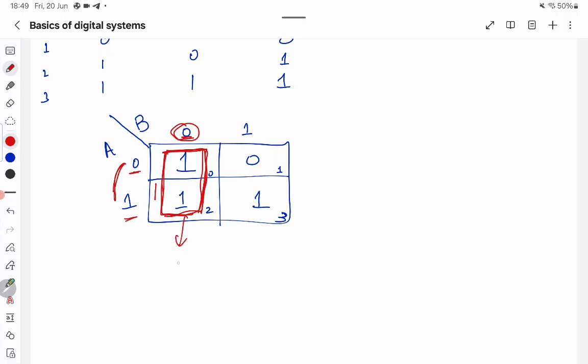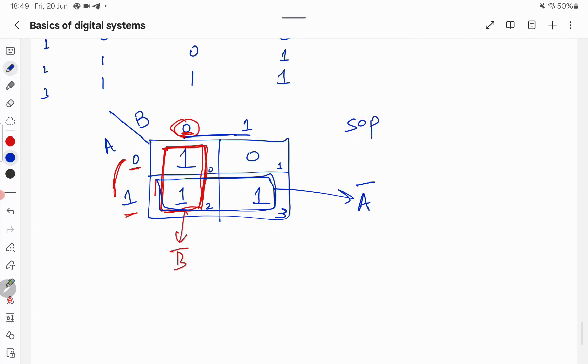So this will be a complement. If you look at this blue box, again b is changing between 0 and 1, so a is not changing, so this will be a complement. So our minimized SOP form will be f = a complement + b complement.